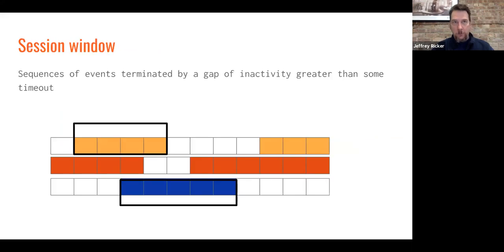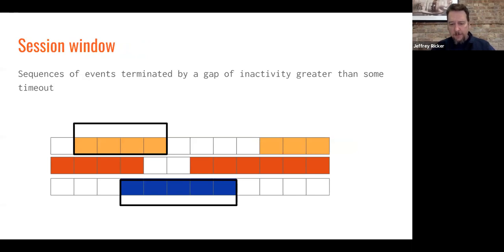Then there's session windows, where you're taking a sequence of events and terminating them by inactivity within a certain time window. So what you'll do is watch the stream, and if there's a pause of any significant amount, you group that together and say, okay, here's a session. And you pass it down into the processing as a session.